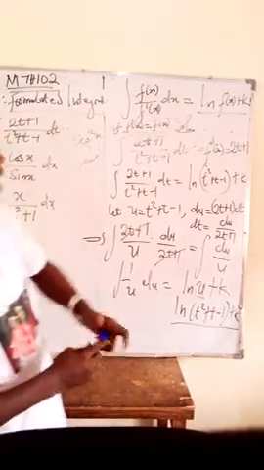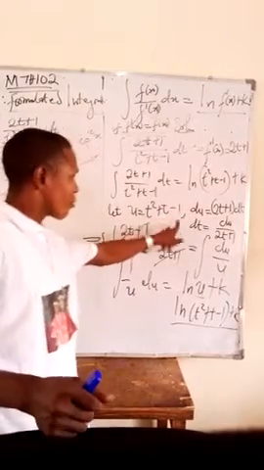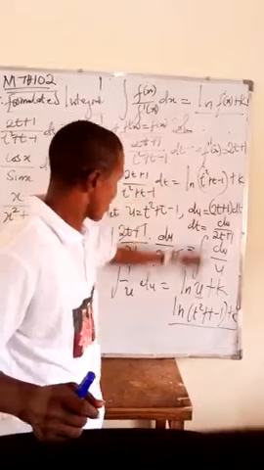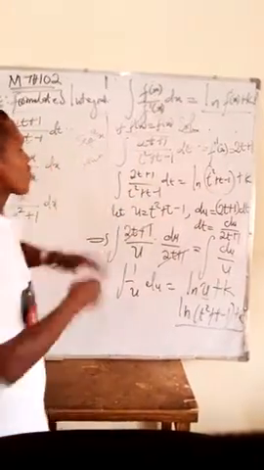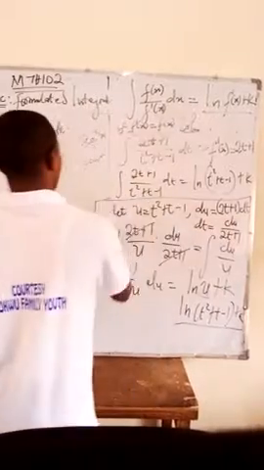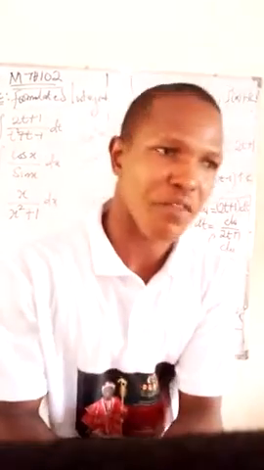So I am back to the same answer mentioned here. This answer and this one are the same thing. So you can either use this one or you use this one. So that is the integral by form I'm talking about.